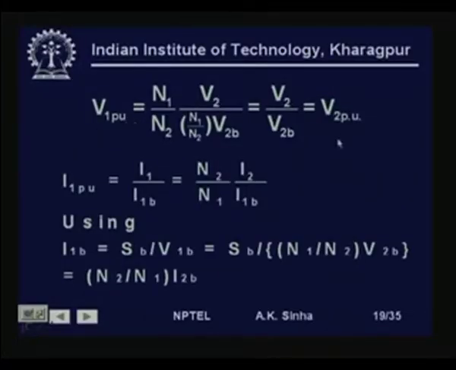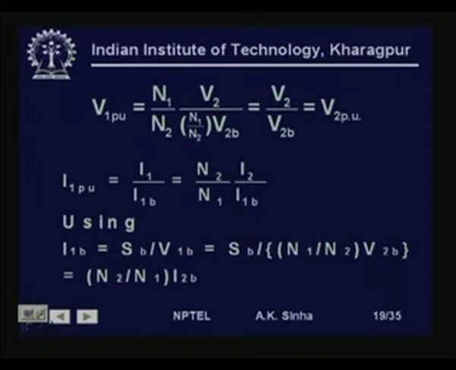But in the per unit system, if we have chosen the base value of voltage on the low voltage side as 11 kV and on the 132 kV side as 132 kV, then on both sides we have the value of the voltage equal to 1 per unit. So, in the per unit system the transformer voltages are going to be the same.